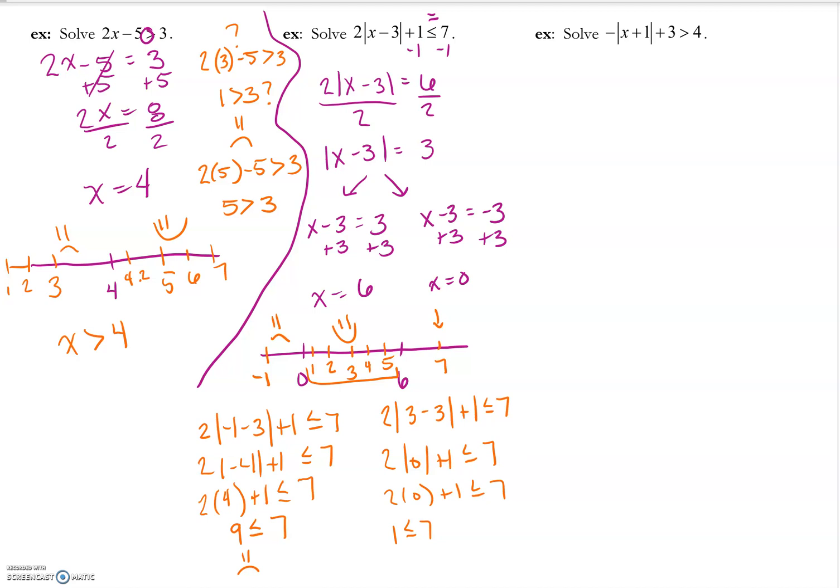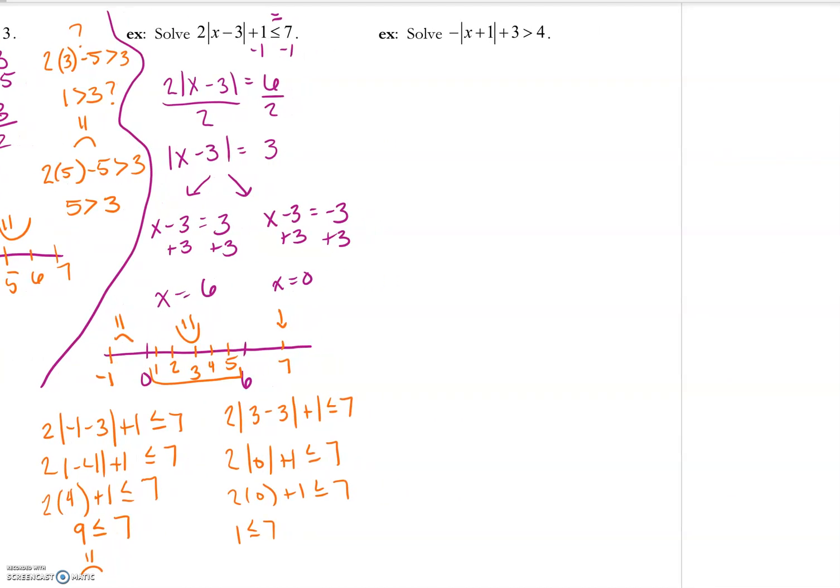We still have one more interval to test, so I'm going to plug in the number 7. 2 times the absolute value of 7 minus 3, plus 1 is less than or equal to 7. 7 minus 3 is 4. The absolute value of positive 4 is still 4. And then 2 times 4 is 8, plus 1 is 9. And again, 9 is not less than or equal to 7.